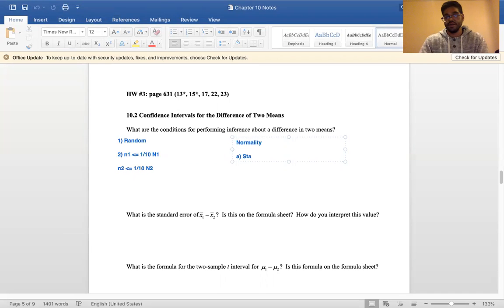A, stated or population is normal. Okay. B, we have to check CLT. So that means we got to check n1 is greater than 30 and n2 is greater than 30. Okay. And in the rare scenario, we may have to graph some data, but we'll see about that.